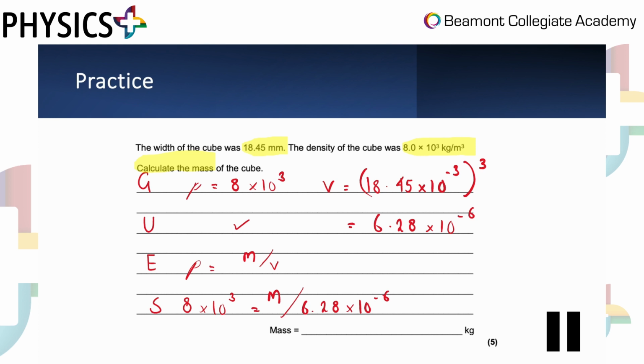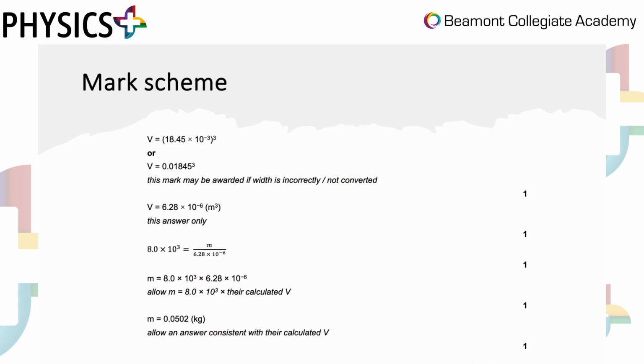This will need rearranging to give mass equals 8 times 10 to the 3 times 6.28 times 10 to the minus 6 equals 0.0502 kilograms. How did you get on? If you wish, you can check this against the GCSE mark scheme. Here is the GCSE mark scheme, this time without GUESS. How did you get on?